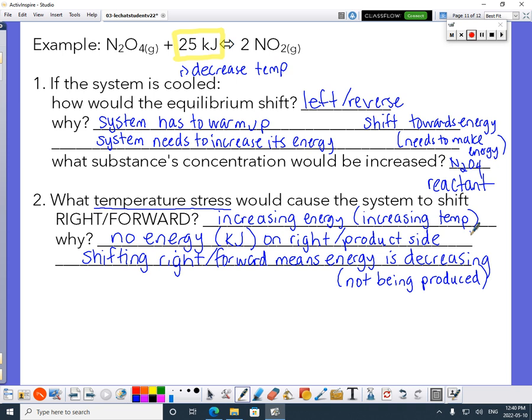There's no energy on that side, which is to the right. Is that what I wanted? Yes.